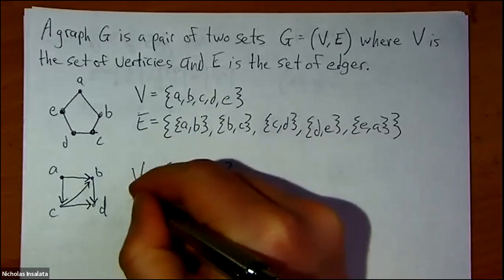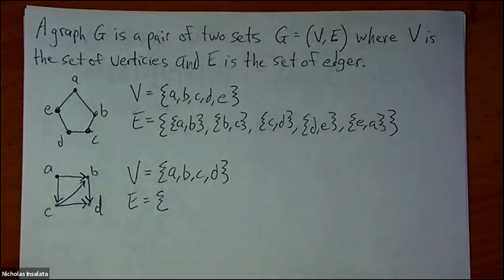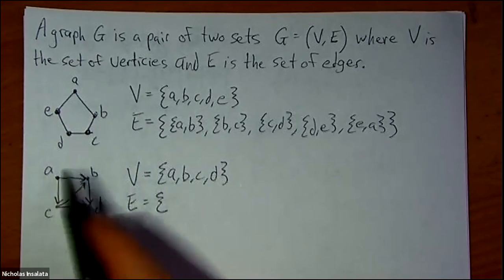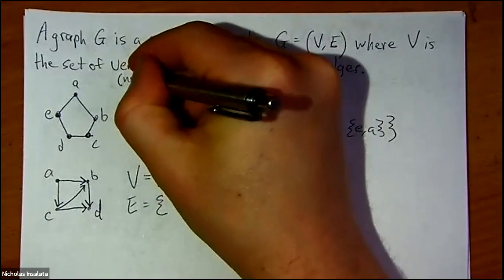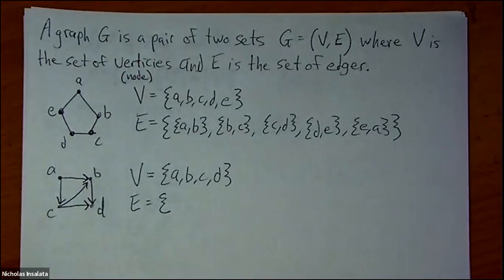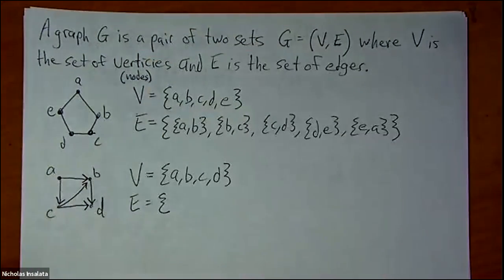But now that I do my edge set, there's a little bit of a problem. What's the problem? Sets aren't ordered, and we need an order to say which vertex or node, another word for a vertex is a node, I guess I should say nodes, plural.